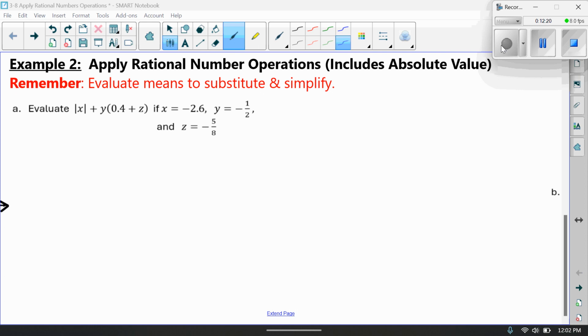So here we have the absolute value of x. Let's fill that in. We've got the absolute value of x, and x is -2.6. So we're going to write the problem.